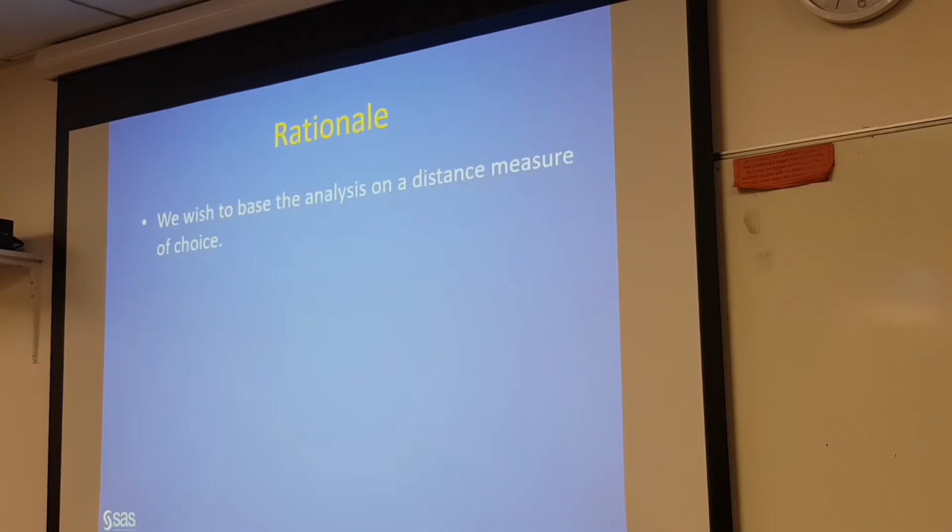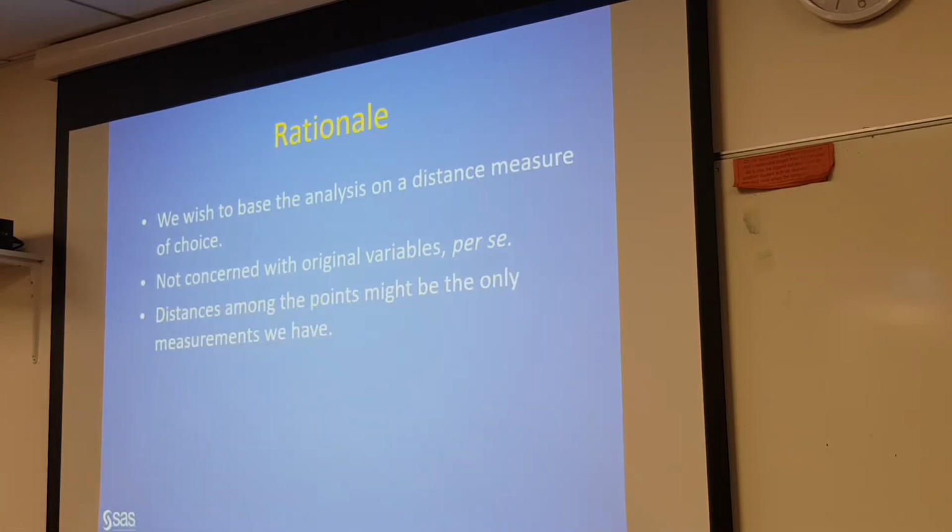So here's the rationale. We choose our distance measure of choice. Typically for you guys, it's going to be Euclidean. Typically for an ecologist, it's going to be something completely different like Bray-Curtis. We're not concerned with the original variables per se. We're not going to use the Y matrix. Instead, we're going to calculate this MDS using the distances amongst the points.